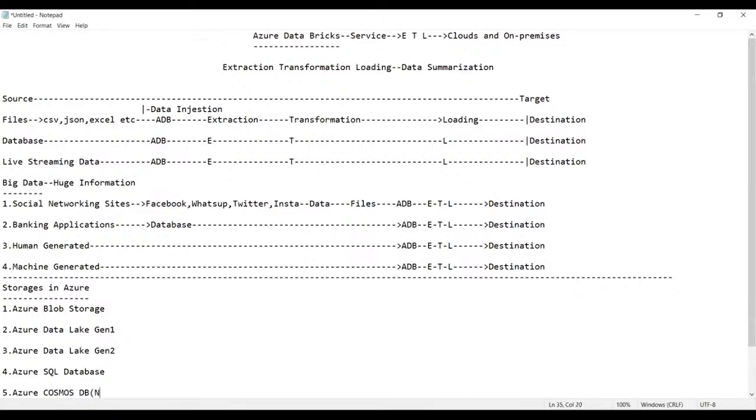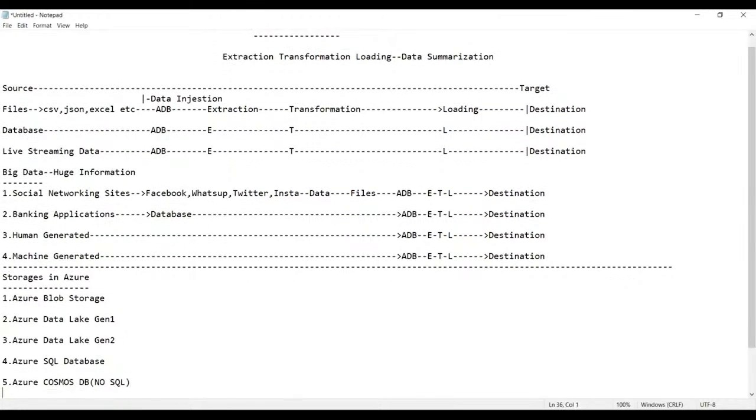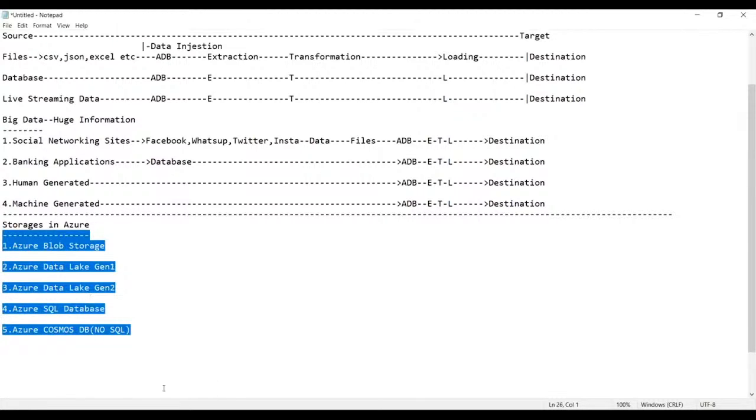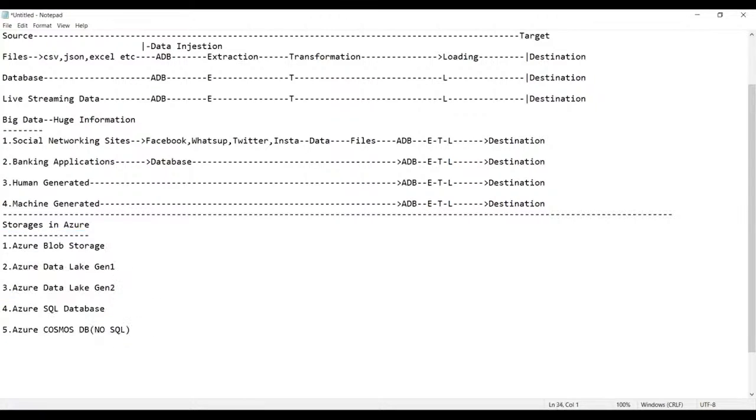That means this is called a NoSQL database, guys. Getting my point, everyone? Following everyone, guys, please. This is called a NoSQL database. And afterwards, we can have the next one. What is it? Azure Elastic Pools.